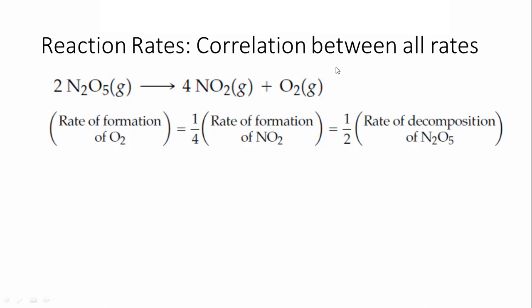In a broader sense, since these are all equal to each other, you can put the reactant or the product on the right side. It is not going to affect the understanding we are going to discuss here. So this is the rate of formation of the oxygen, because it is in the product.